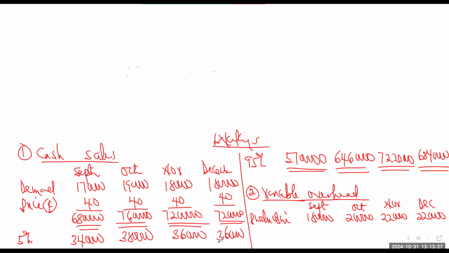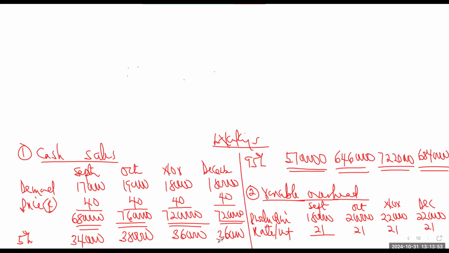Please, it's not profit or loss that we are doing, so you'll not be talking about matching concepts. No, this is cash. What is the amount that has been paid in cash, not the amount that we should charge against the revenue. This is the cash budget. So you look at the rates. What is the rate per unit? 21, 21, 21, 21.